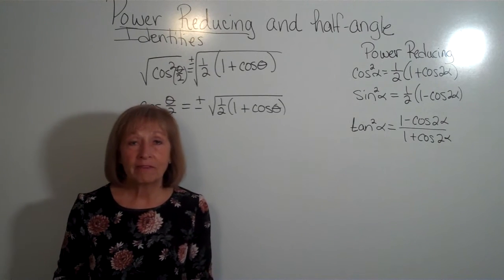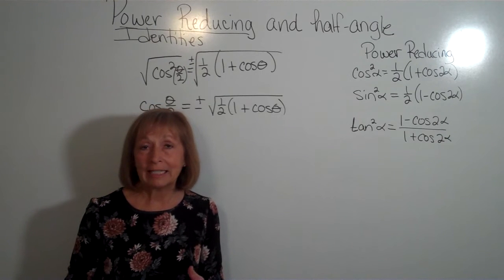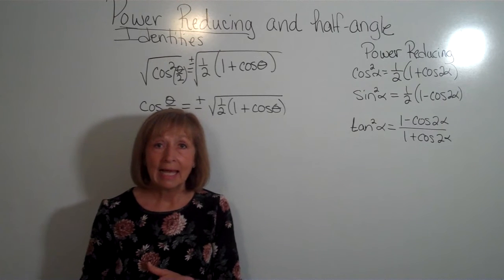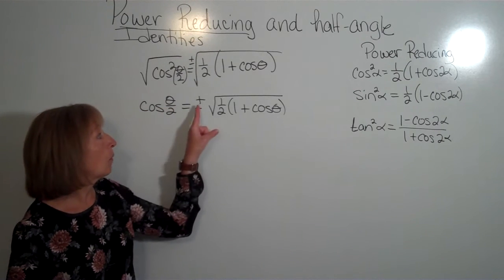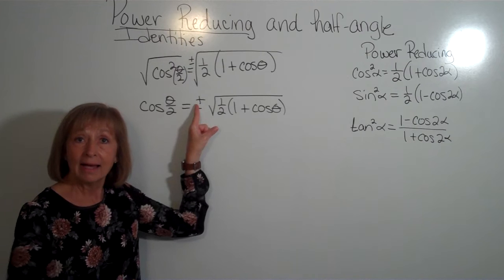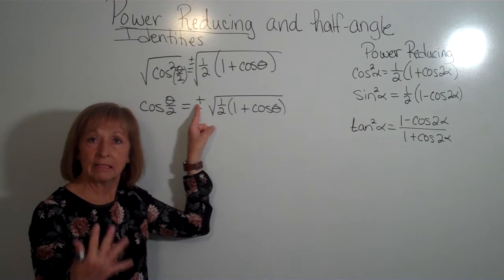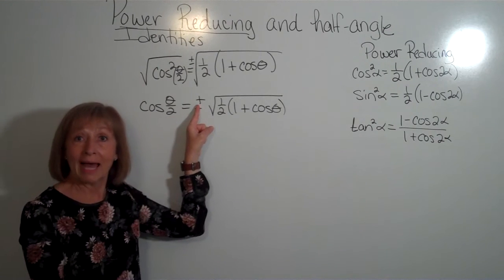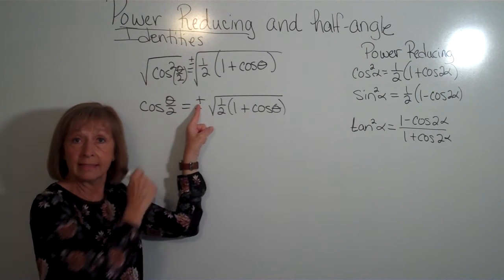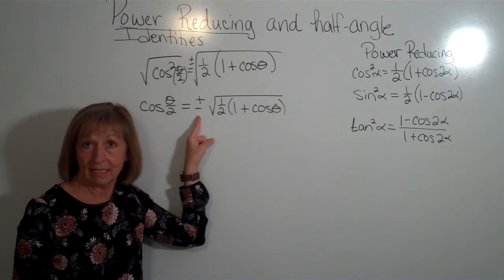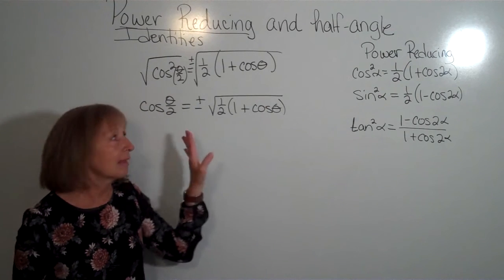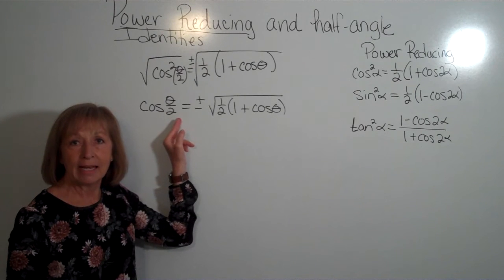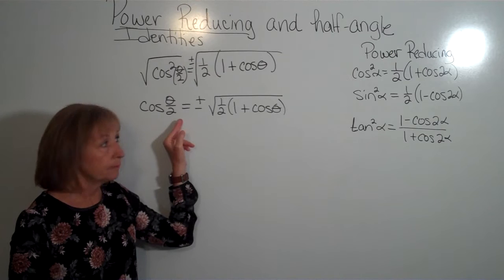Once I know that, I can identify what quadrant theta over 2 would be, and then I could determine whether I need to put the plus on this answer, if my cosine of that theta over 2 angle should be positive in the quadrant that theta over 2 lands in, or the minus if the quadrant that theta over 2 lives in is one in which the cosine of that angle would be a negative ratio.